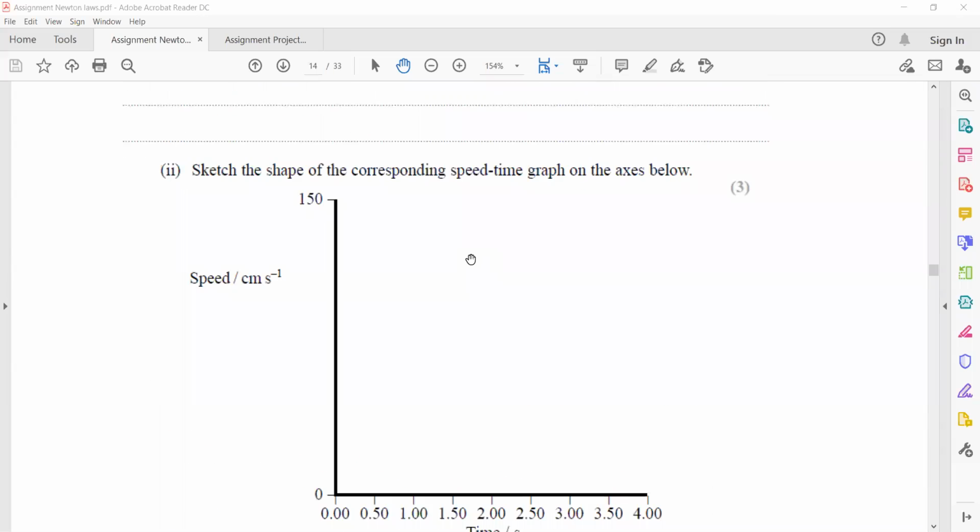If the slope is increasing, speed should increase. So speed is increasing till around 1.4 or 1.5, then starts to decrease around 3.2, and then it will be 0 speed. I'm using the red line now. So this will be the graph which shows that the speed increases and then decreases and eventually the speed will be 0.